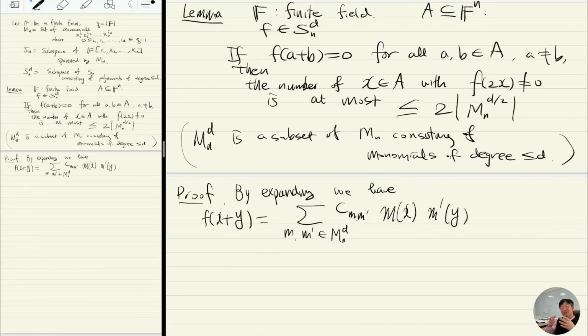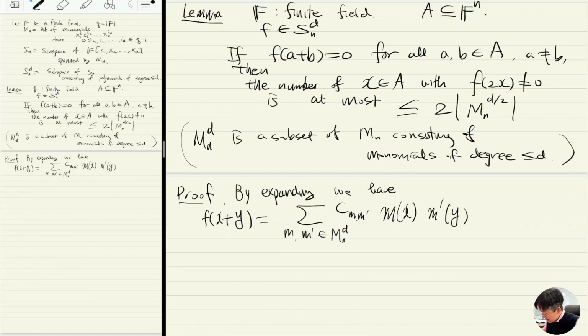Like for instance, x plus y squared. So x1, let's say x. If I have (x1 plus y1) squared, then I expand it. I would have x1 squared plus twice x1 y1 plus y1 squared, completely expanded. Eventually, each monomial is a product of x variables and y variables.